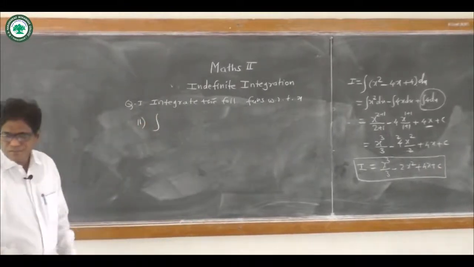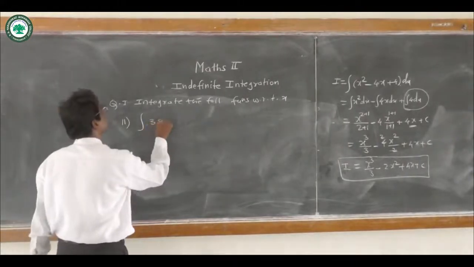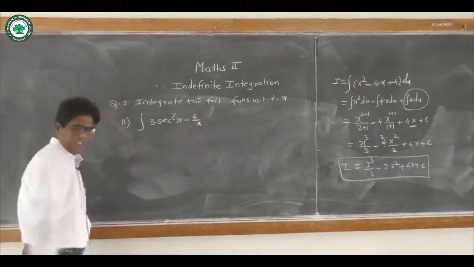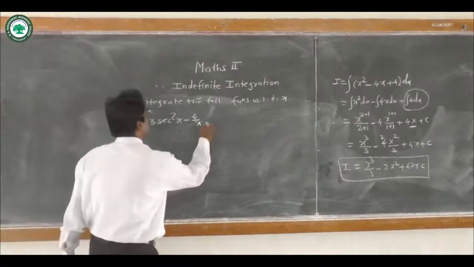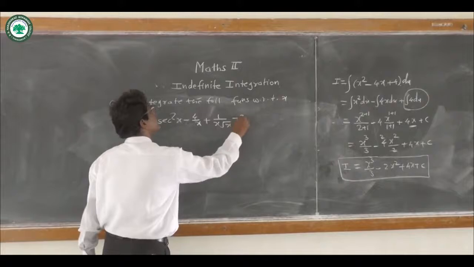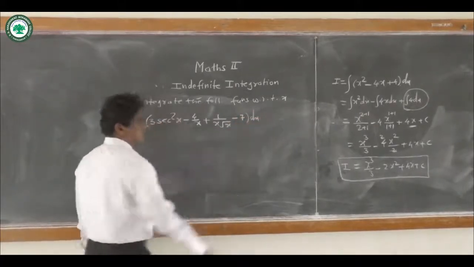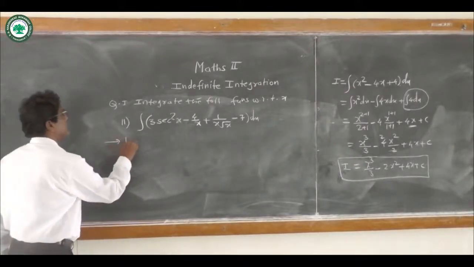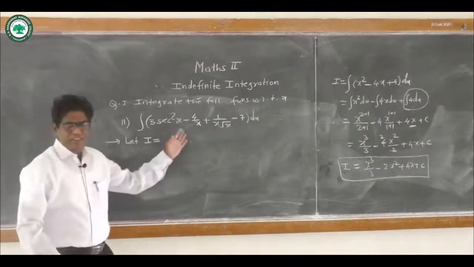Integration of 3 sec square x minus 4 upon x plus 1 upon x root x minus 7 dx. Now firstly we call this I. So let I is equal to, write the given example.